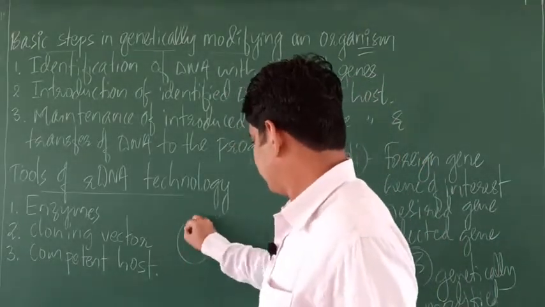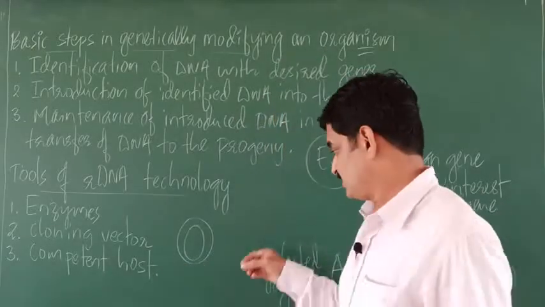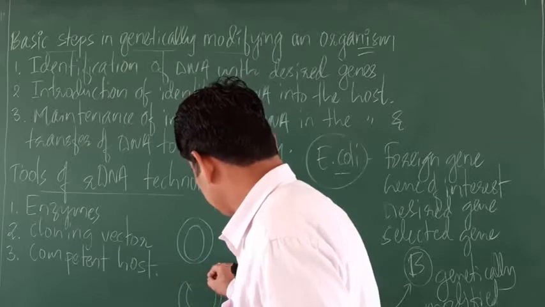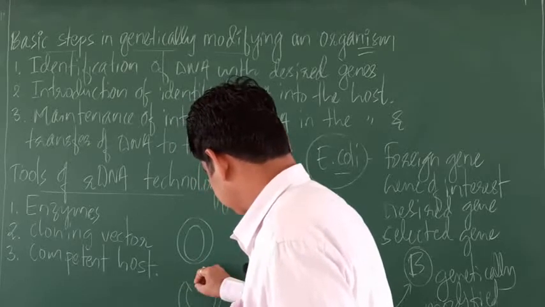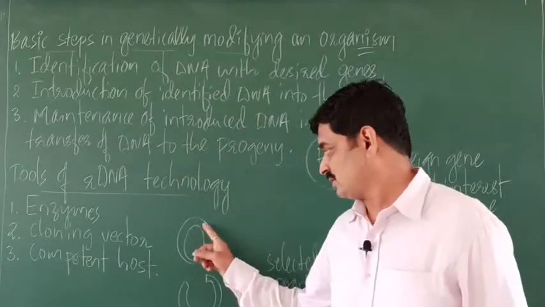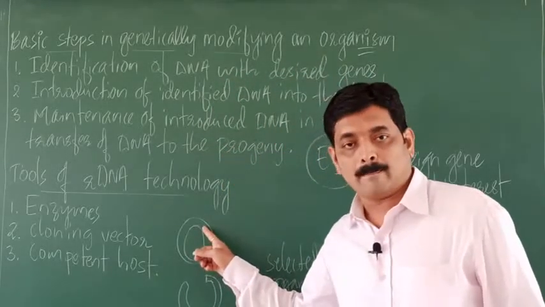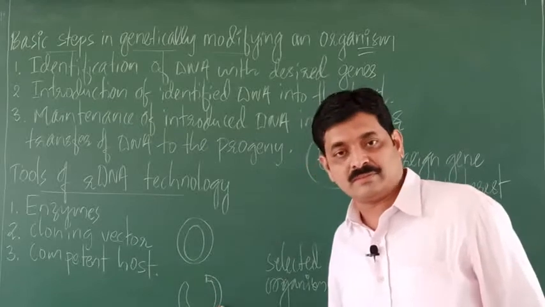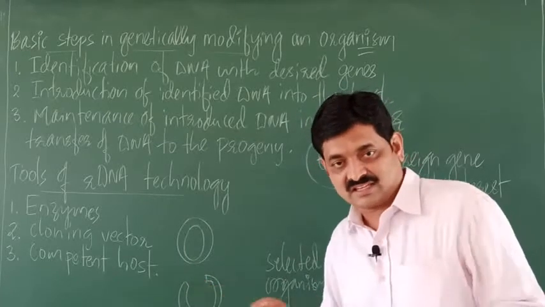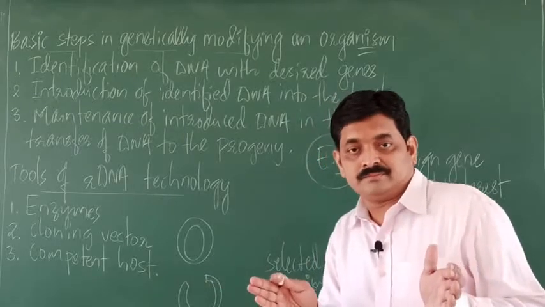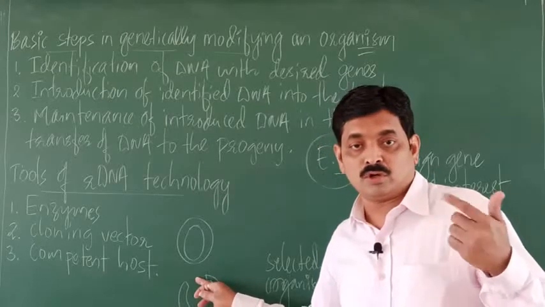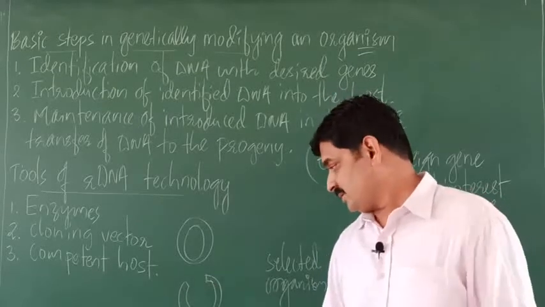So this is the closed plasmid, and after treating with restriction enzyme it becomes open like this. This is the open plasmid. You can say it is cut here. When it is cut, it becomes open. And this is with the help of restriction enzyme, which is called molecular scissors.